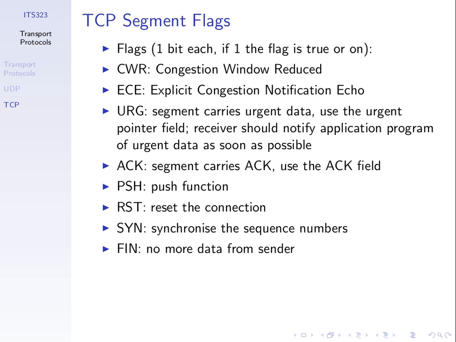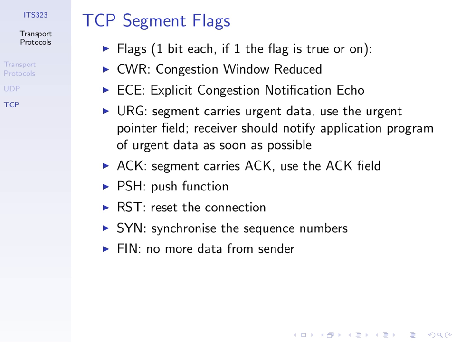What's a flag? When we talk about protocol headers and protocols and flags, a flag usually means a 1-bit value. It's either the flag is on or it's off. So if that flag has the value binary 1, it means that feature is on, and if it's 0, it means it's off.